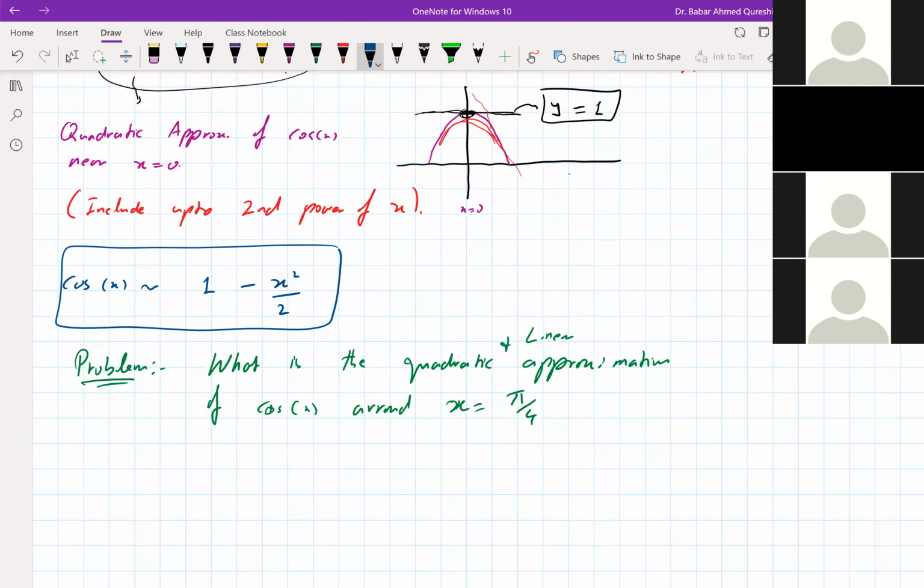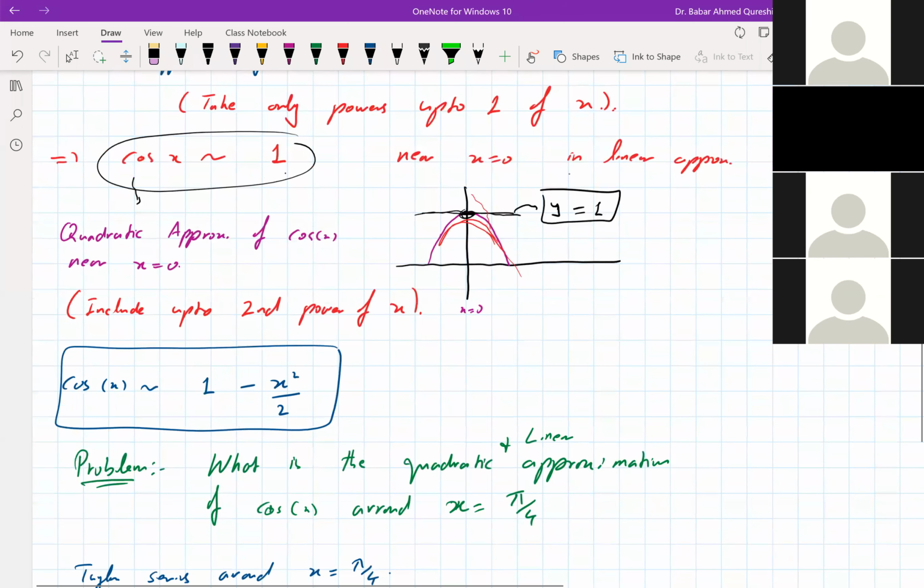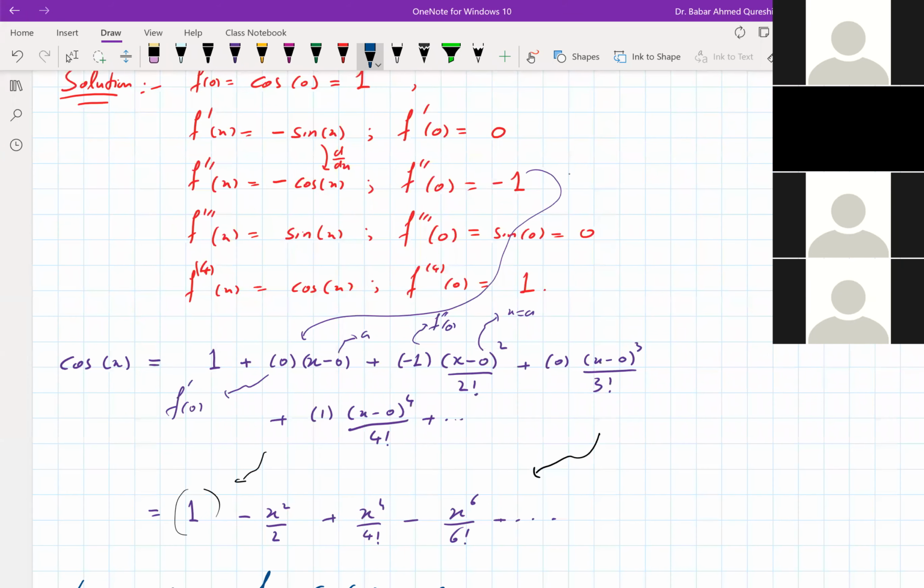So again, if I find the complete Taylor series around x is equal to pi by 4, the derivatives are same. They go like this, but now I'm going to evaluate them at pi by 4.